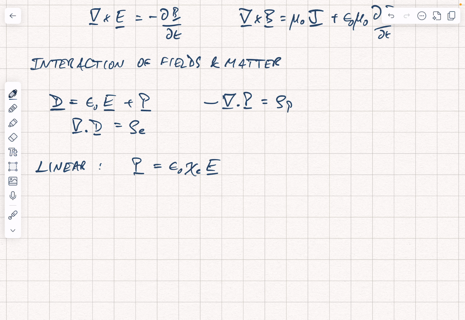You have to be very careful here, because the electric field here is not necessarily, let's say, an external field. So you can imagine that you would take a piece of dielectric material and put it into an electric field. The E in this equation for P is not that external electric field, it's the total field.